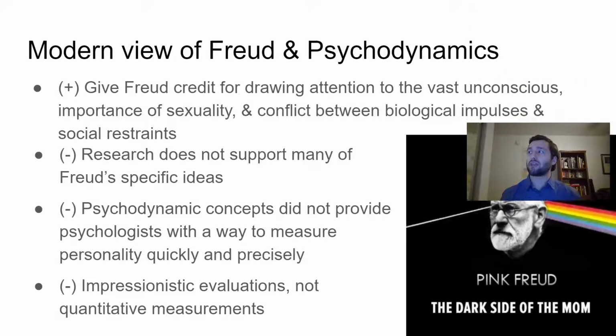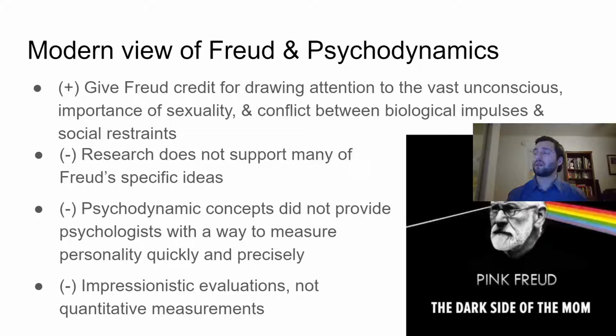Now what we want to look at here is how we view Freud and how we view psychodynamics today. Because obviously you can tell by a lot of these ideas, they're pretty old and there's been a lot that's changed. So one of the big things that is positive is that Freud is definitely given credit for drawing attention to the unconscious mind. It wasn't really something that was looked at, at least not in this kind of very specific way.